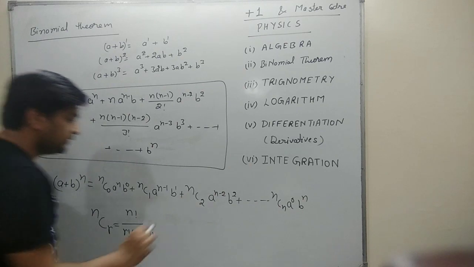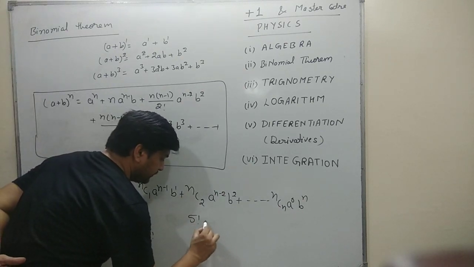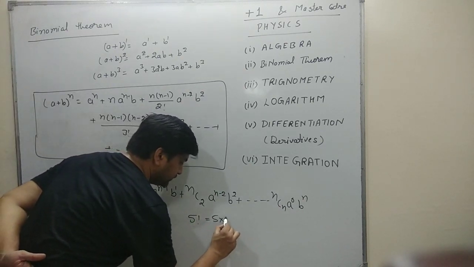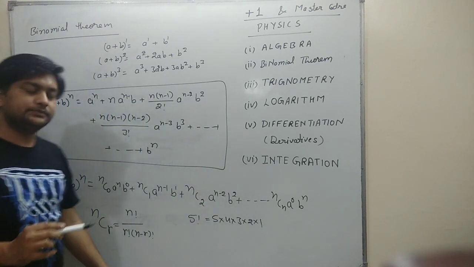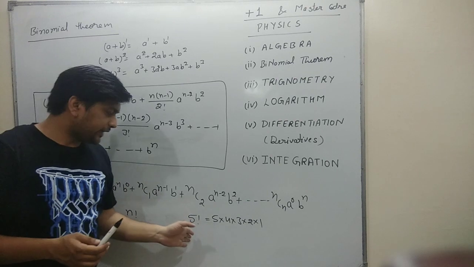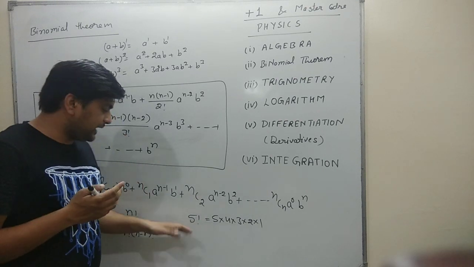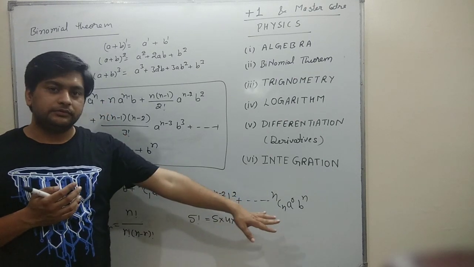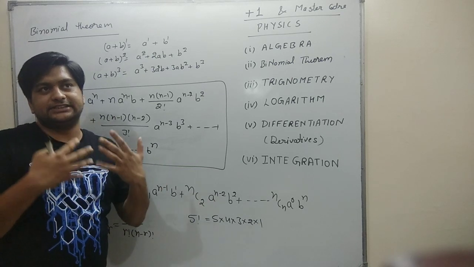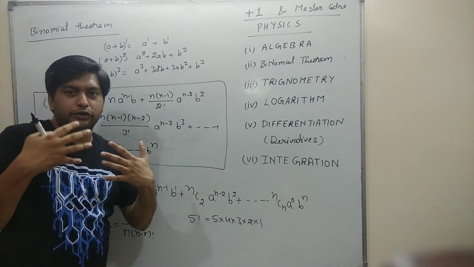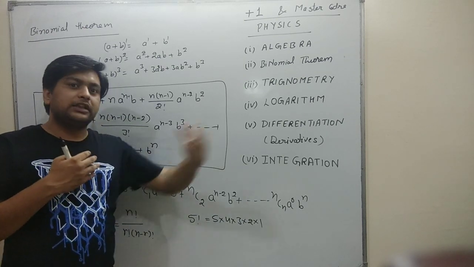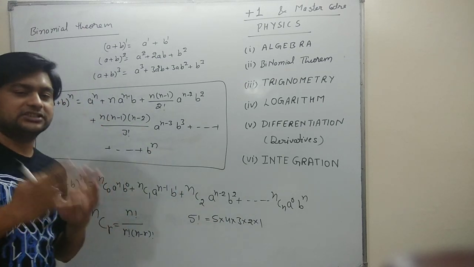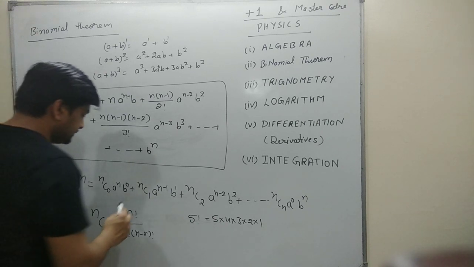So what is factorial? Factorial is like 5 factorial is equal to 5 into 4 into 3 into 2 into 1. So factorial means we have to multiply from that number down to 1. Like 7 factorial is 7 into 6 into 5 into 4 into 3 into 2 into 1, all the numbers between, all positive integers.